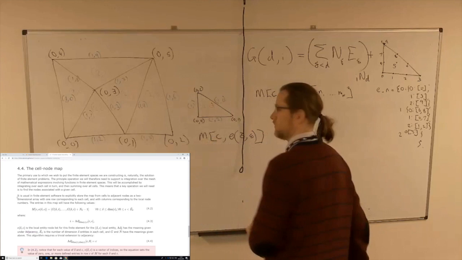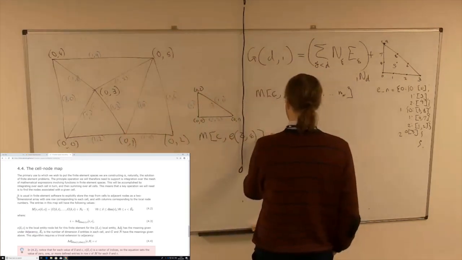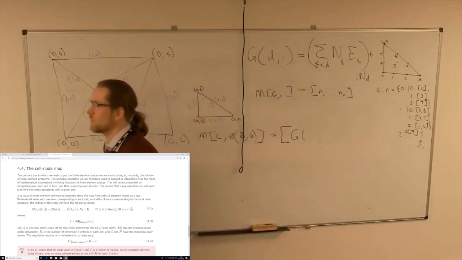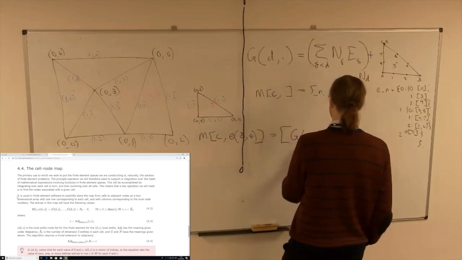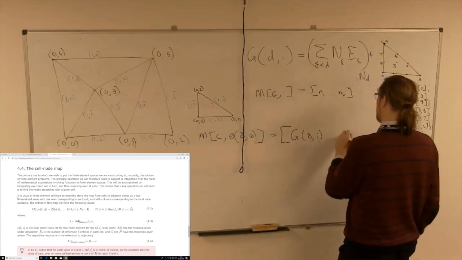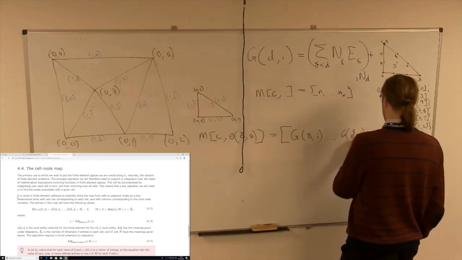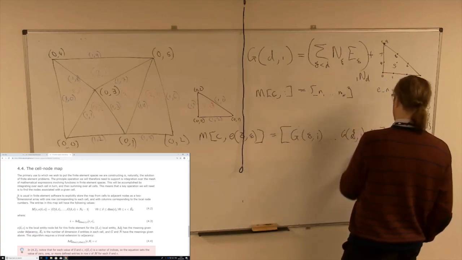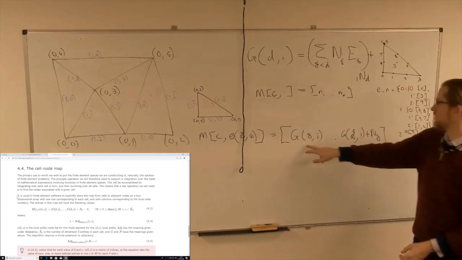So what I'm going to do is I'm going to say that the right-hand side is equal to G of delta comma I up to G of delta comma I plus n delta, right? So this is the array which is that long, starting at this global number.